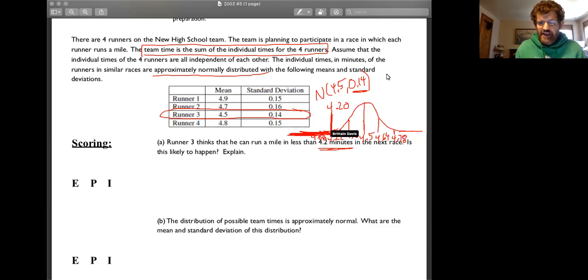So this one diagram right here, what it tells me as a grader is that this person understands that it's a normal model. They understand what X value is of interest, the 4.2, where it lives on this particular model, and what part of the area they're trying to find.